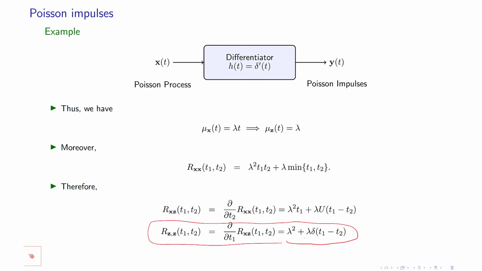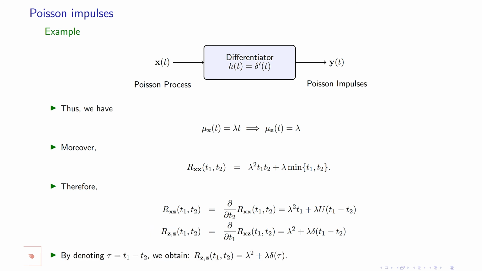So this is the autocorrelation. This is like the DC term, the constant energy of this one. By denoting t1 minus t2 as tau, you see that the autocorrelation of the output becomes lambda squared plus lambda delta(tau).